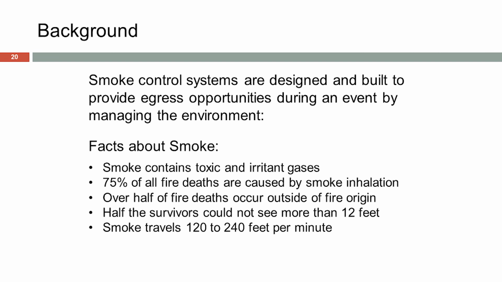Some facts about smoke, because that's the real killer in a fire, is the smoke. It's toxic. 75% of all fire deaths or deaths associated by a fire in a building are by smoke inhalation. Over half of the deaths occur outside of the origin of the fire, like we saw in the casino fire, right?